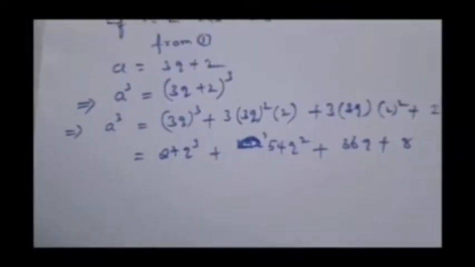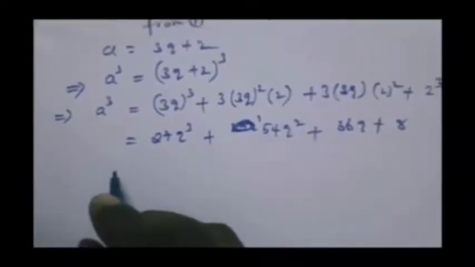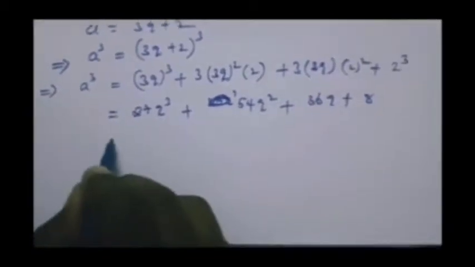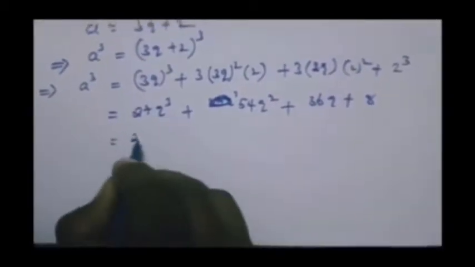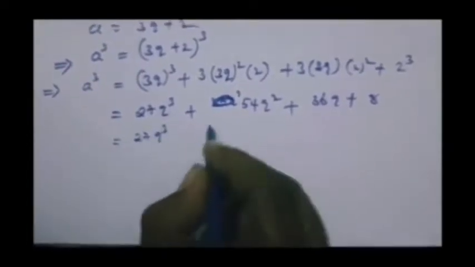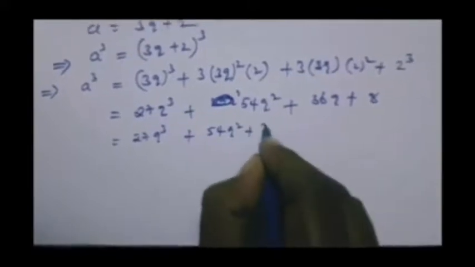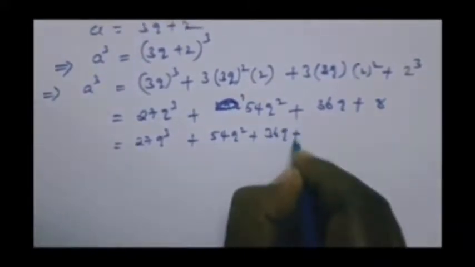I will write one more step: 27q cube plus 54q square plus 36q plus 6 plus 2.